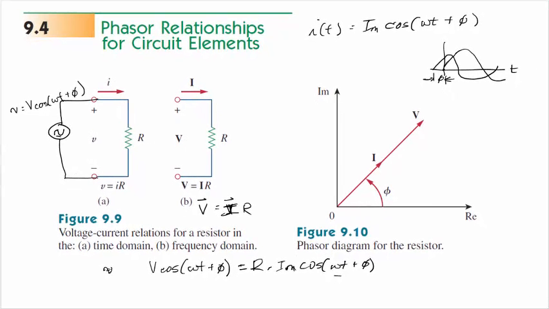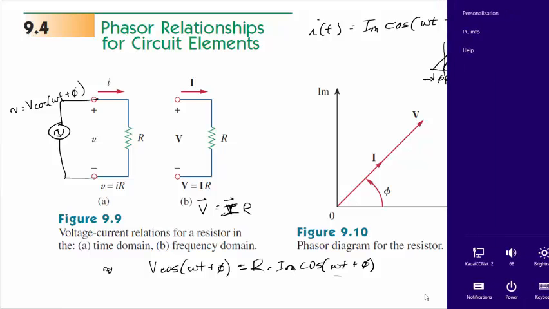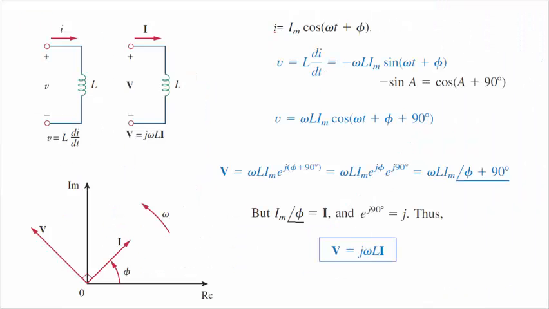If we move on to what happens in our other passive components, our capacitor and inductor, let's look at the inductor next. The inductor has a relationship V equals L di/dt.